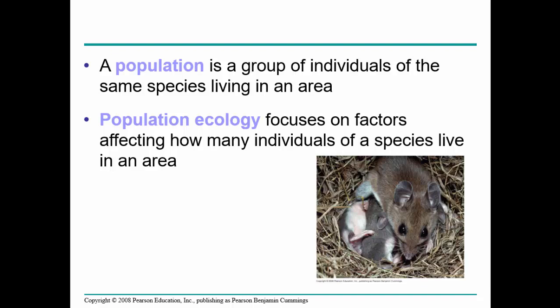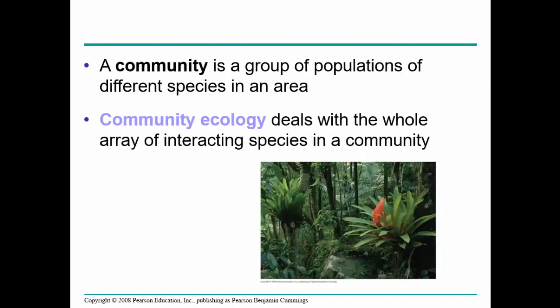Another thing you need to emphasize about population is that, because they are one species, they are able to reproduce with each other and produce fertile offspring. Okay, so that's the key of population. And the study of population related to ecology, we call population ecology.